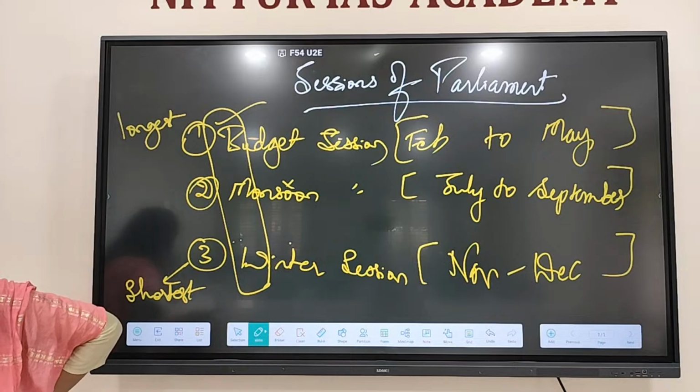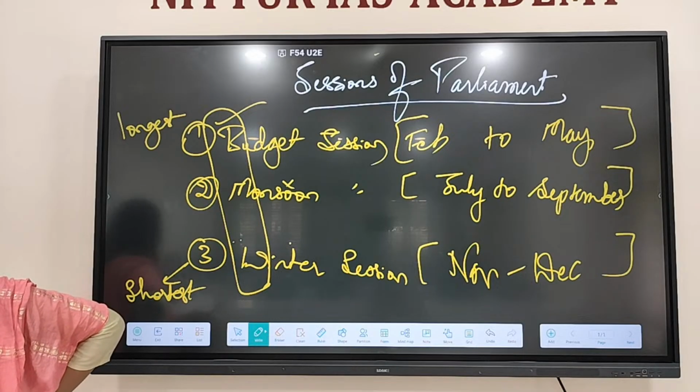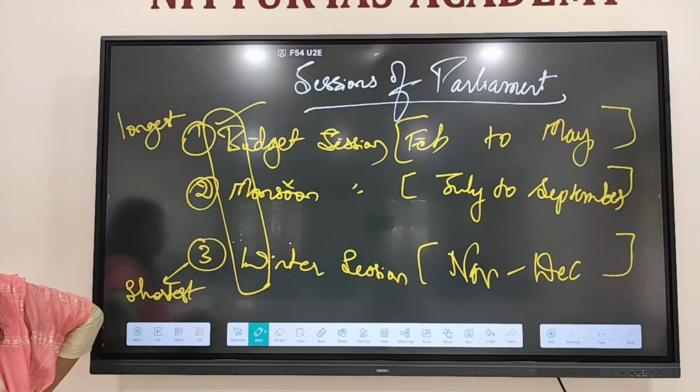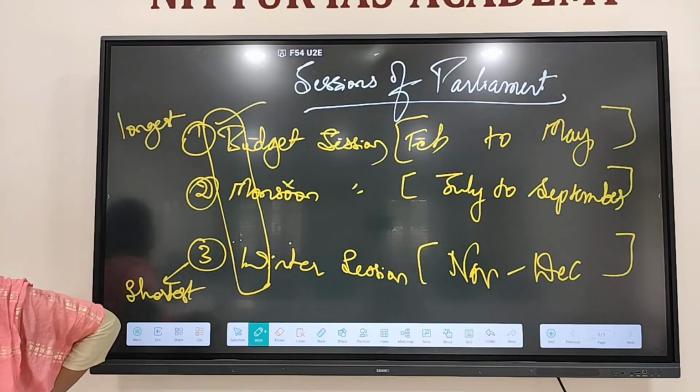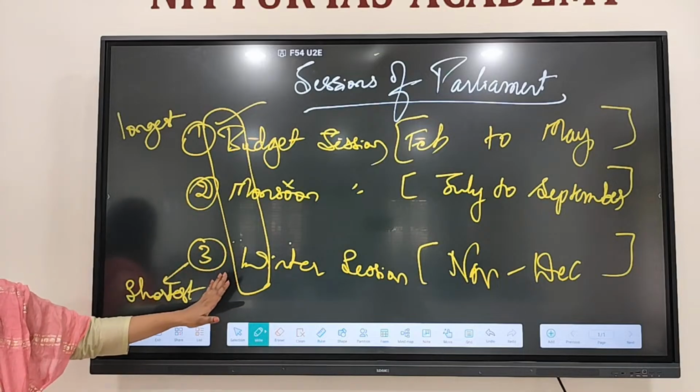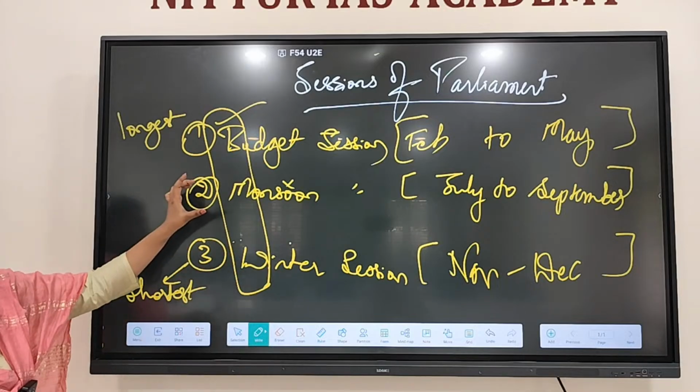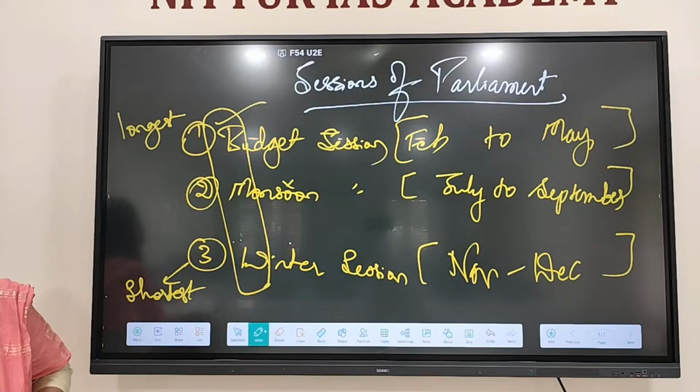The president will summon each house of parliament, and the maximum gap should not be more than 6 months. A minimum of 2 sessions should be conducted in parliament; at least 2 sessions are compulsory every year.